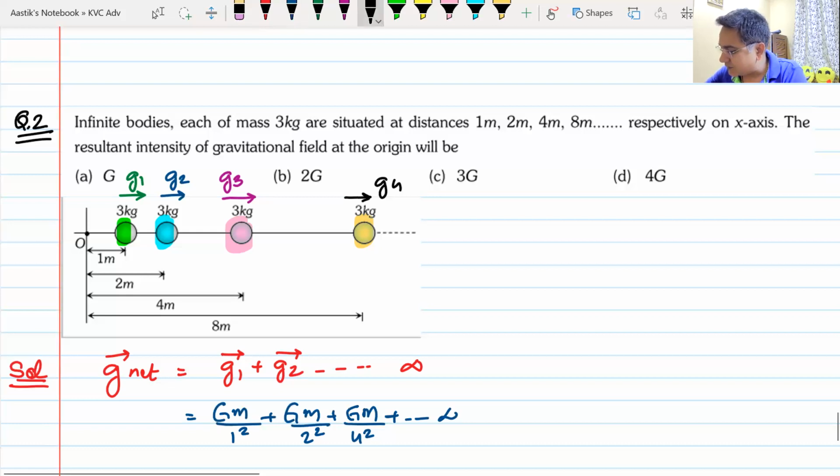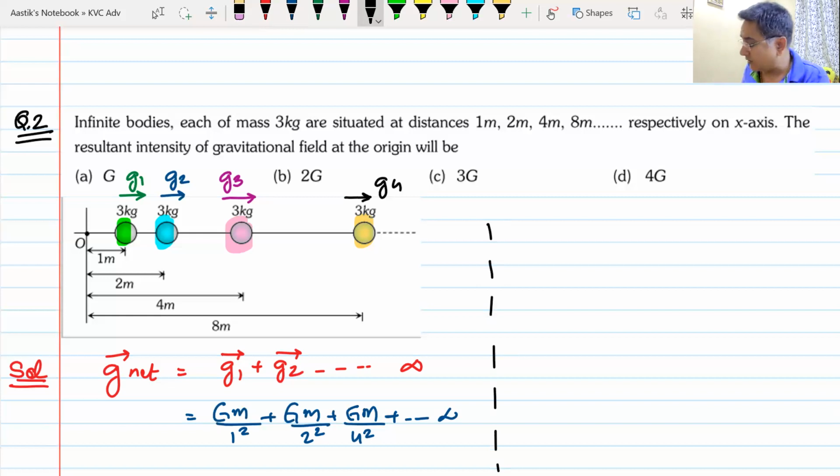What does this become? This becomes an infinite GP, with the common ratio as 1 by 4. Yes or no? Yes, sir.